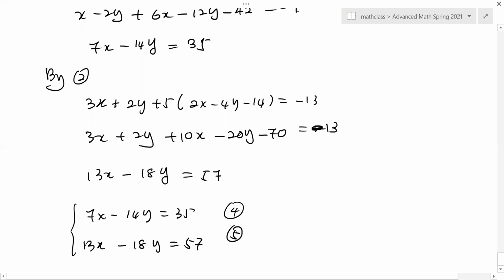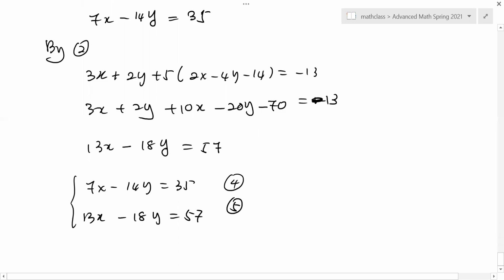And from here, are you able to get the answers? Okay. Yeah, we hope no mistakes, okay? We hope we did not make any mistakes. It's easy to make mistakes, okay?